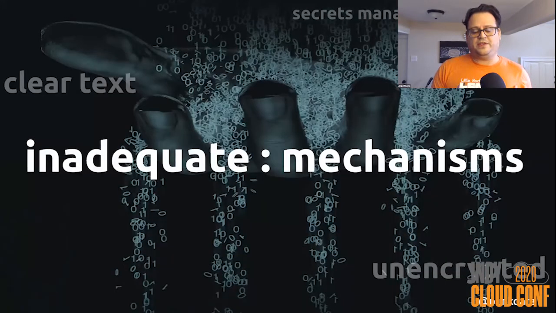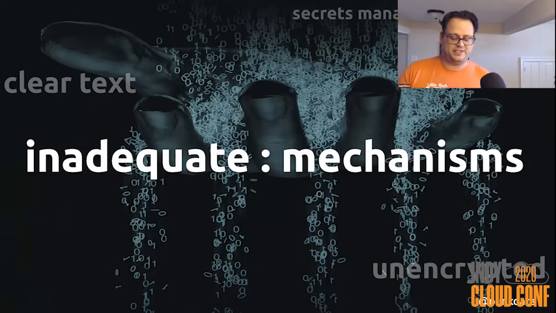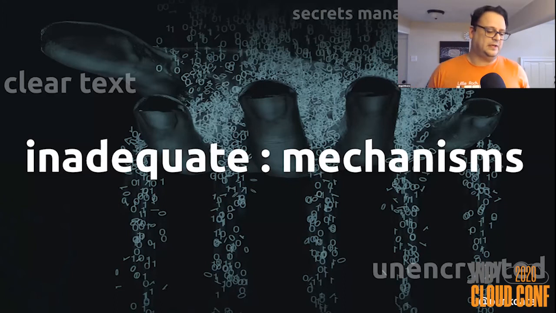So one of the things I wanted to address, with inadequate mechanisms within CI/CD tooling, and I'm sure most of us will agree or at least understand what's happening, is we have secrets in our CI/CD tooling. The CI/CD tooling does a good job of storing those secrets encrypted and protected at rest, within itself.